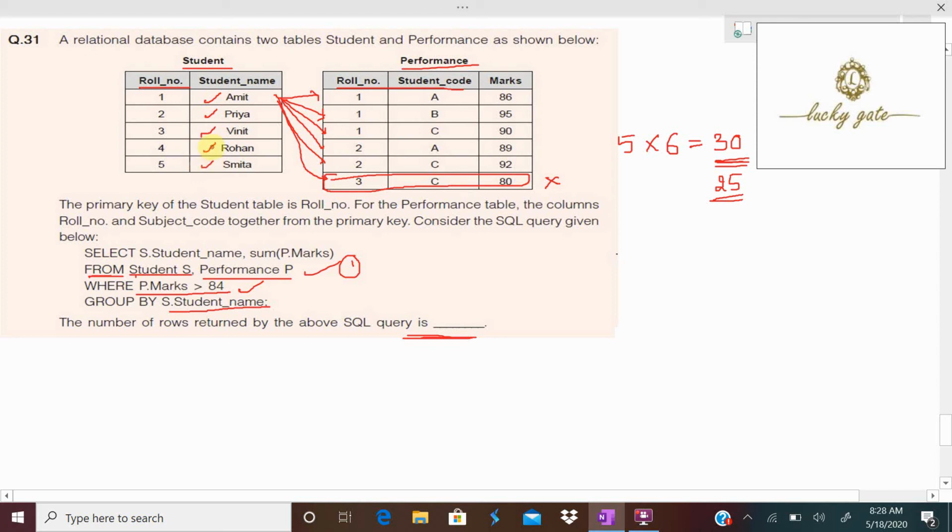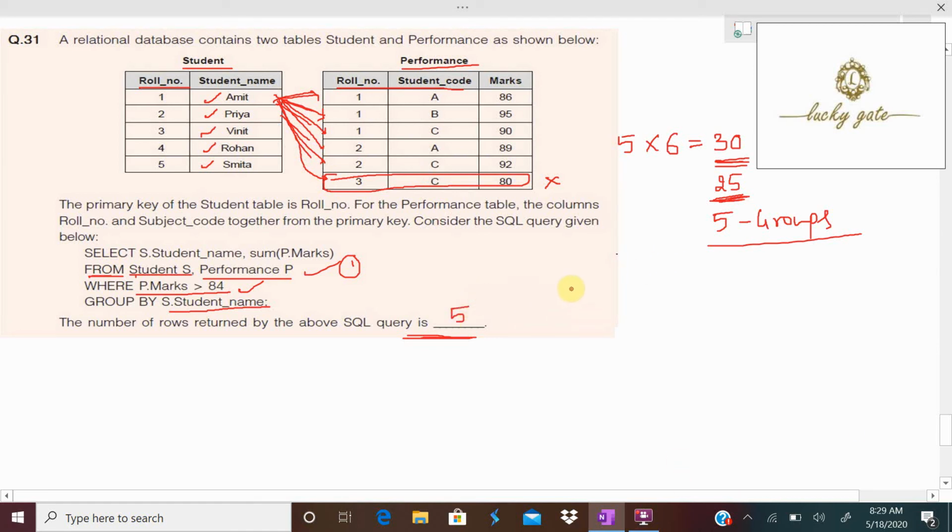All 5 students have different names, so these 25 tuples are divided into 5 groups. For each group, it is going to return 1 row in the output. For each row of the student, we have 5 combinations in the performance. Because 5 groups are there, it is going to return 5 rows in the output. So the answer for this question will be 5 directly.